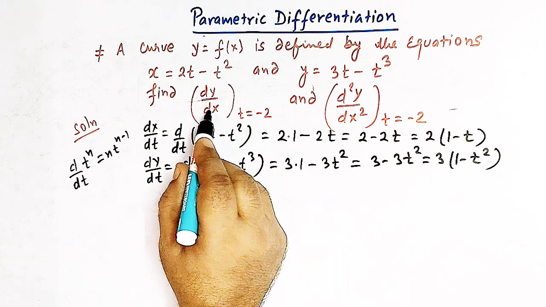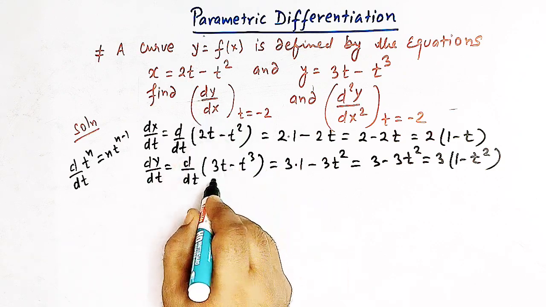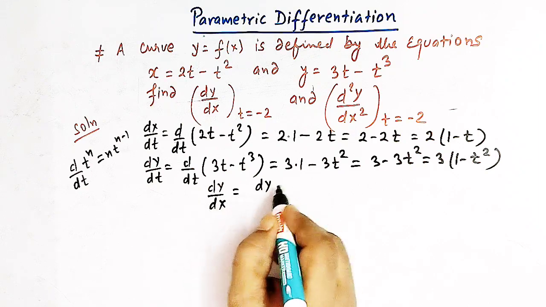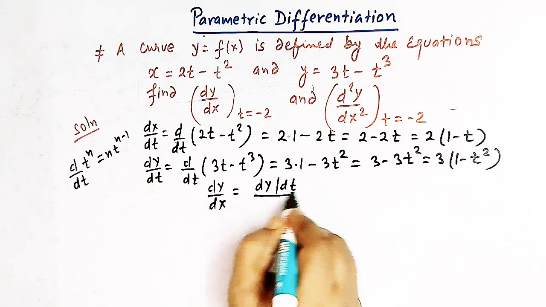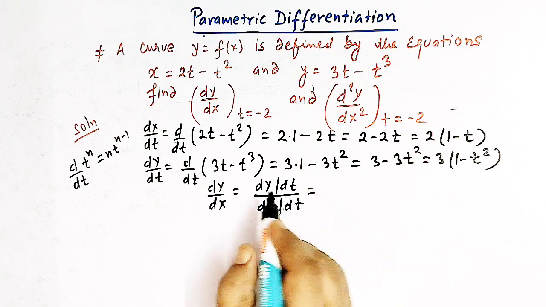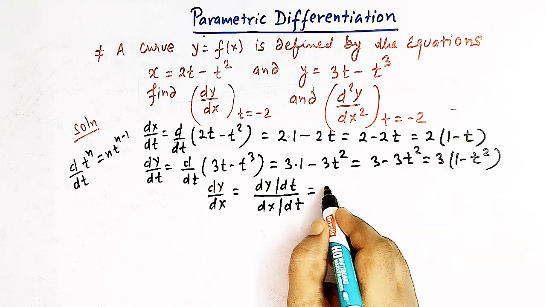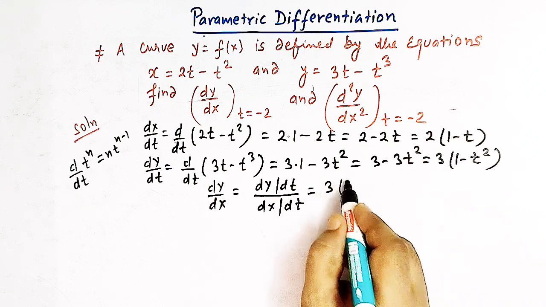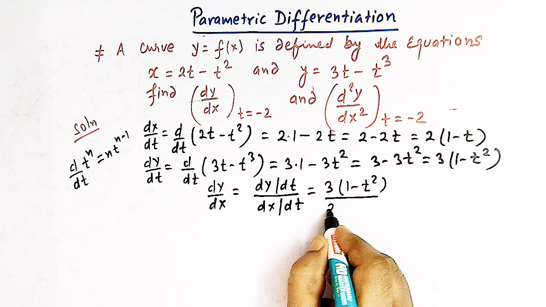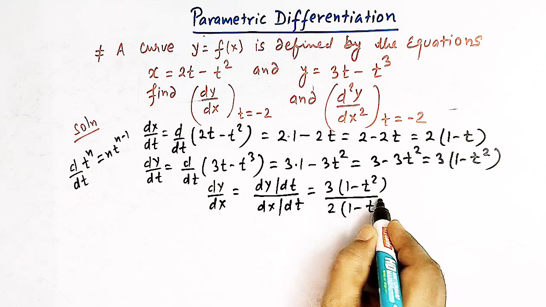So now first we'll find the dy over dx. So dy over dx is dy over dt divided by dx over dt. Now see, dy over dt is 3 times 1 minus t square, and dx over dt is 2 times 1 minus t.